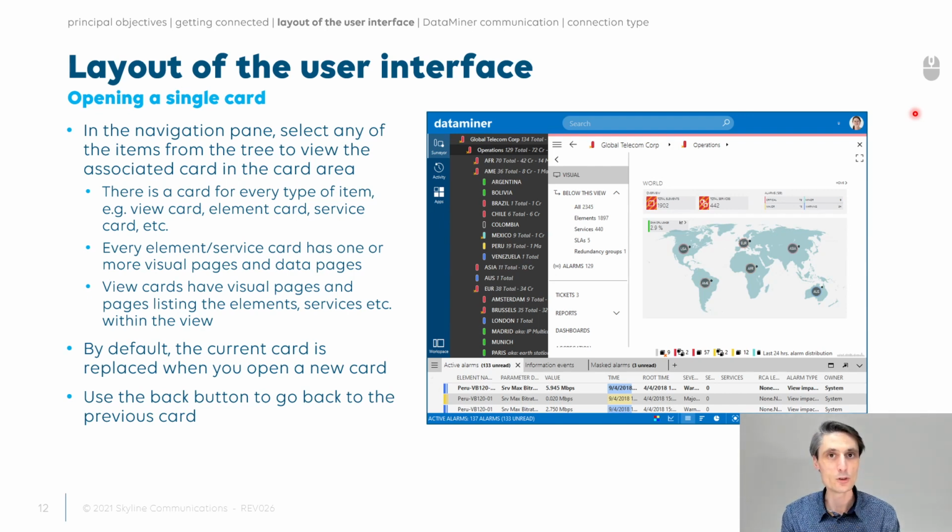So it could be a view with some graphics and some details, element lists of the view, could be in specific elements, so a data source, an element, a system that I'm opening up with all the data readings, and I can dive into some settings and I can maybe see some graphics of the device. Or a service or an element, but each time if I click something, it basically replaces that card and shows you all the details about that.